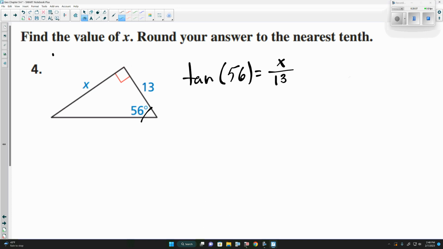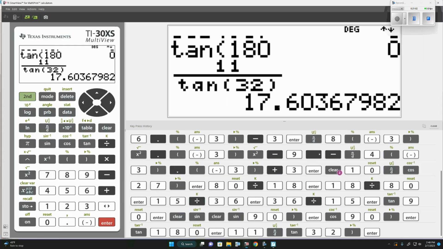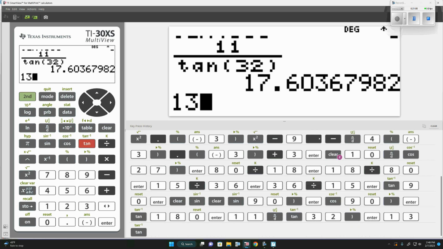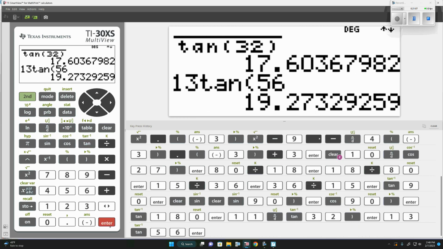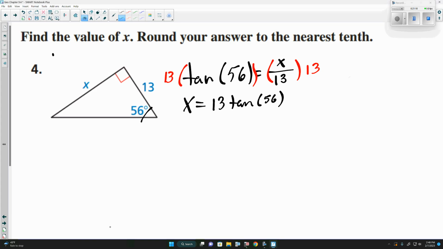So we have x over 13. Now, this one works out a little bit nicer because we can multiply both sides by 13, which will tell me x is equal to 13 tangent of 56. Is the variable by itself? Yeah. Since x is already by itself, we can just do 13 tangent of 56. 19.3. And that would be our answer.